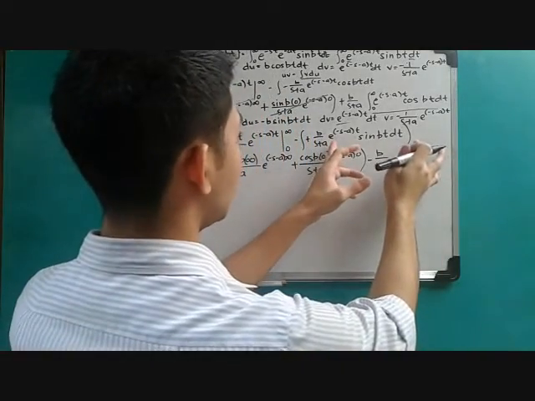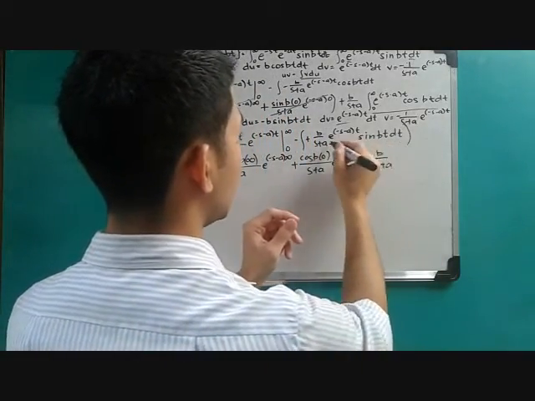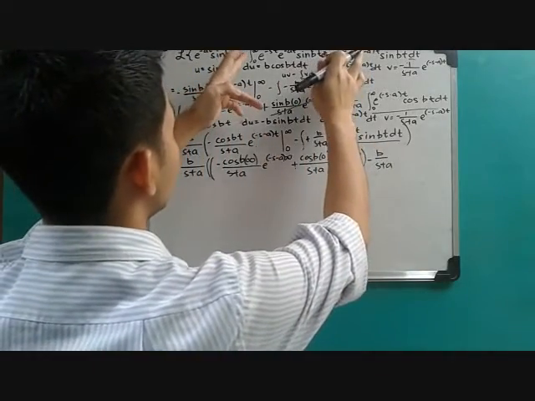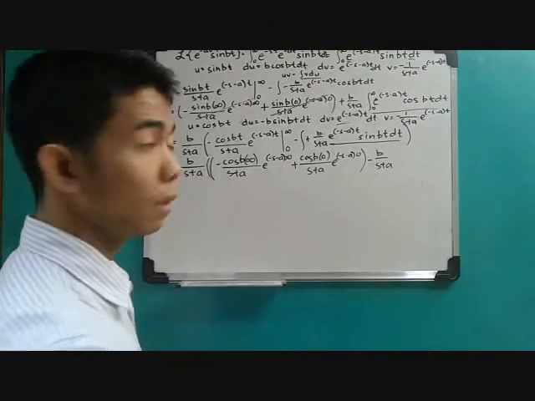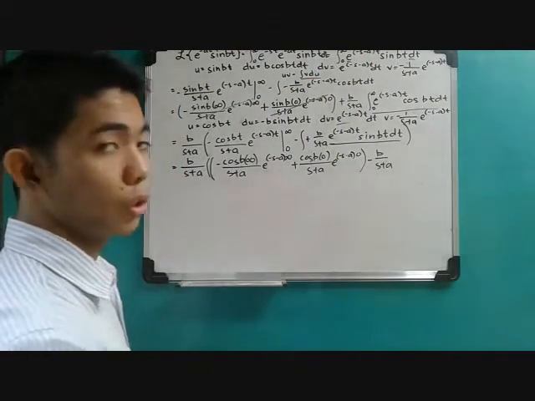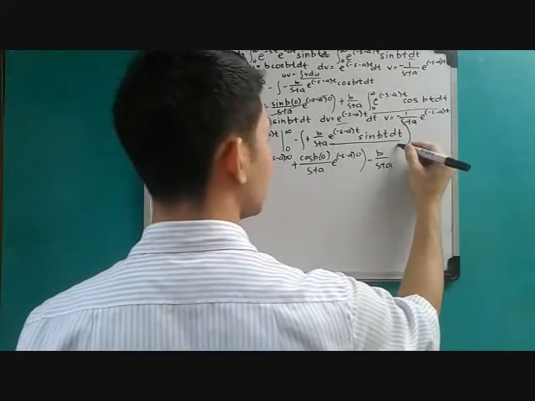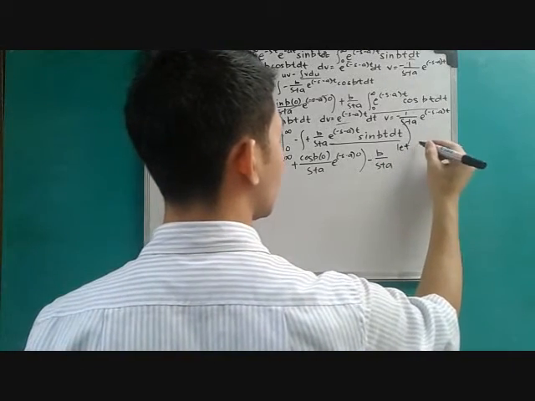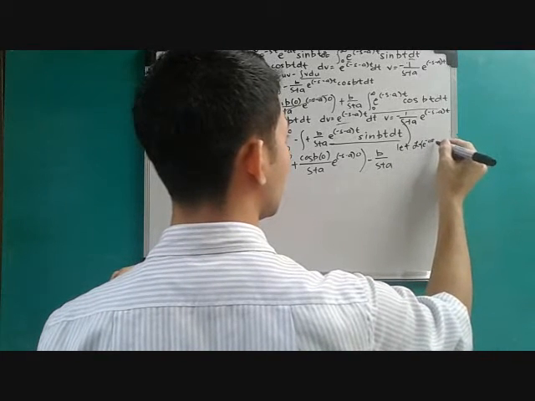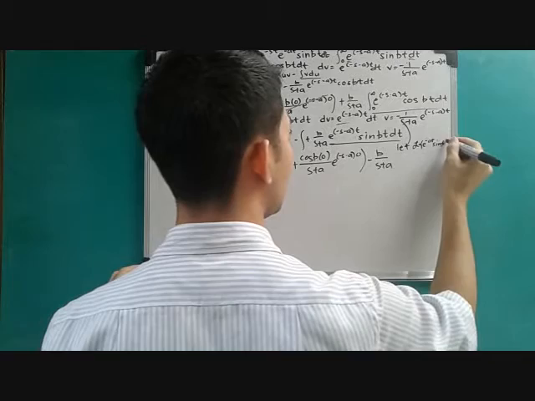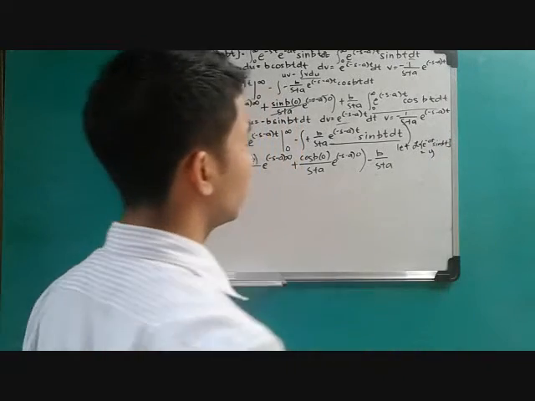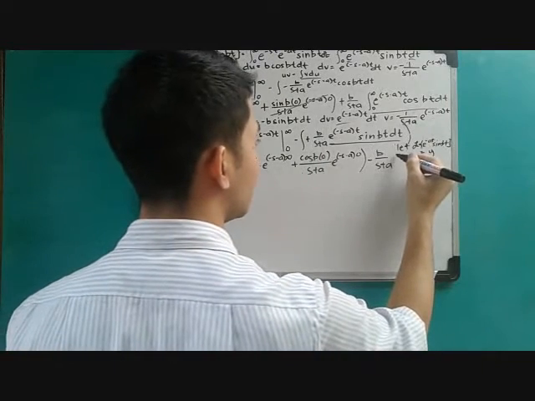So as you can see in this equation, this is the same as this equation, which is equal to Laplace of e raised to negative at sine bt. So let Laplace of e raised to negative at sine bt be equal to y. So substitute it by y.